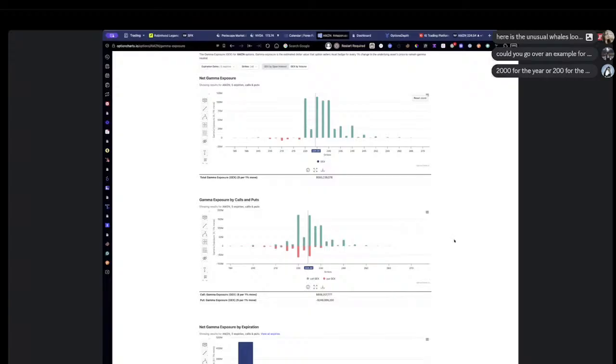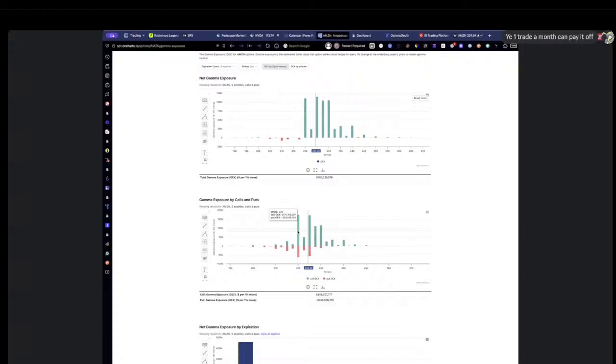But also, where have we got areas of big values, basically? So in this case, we can identify that there's quite a lot of support here at 220. And we know that because there's a lot of gamma at 220.